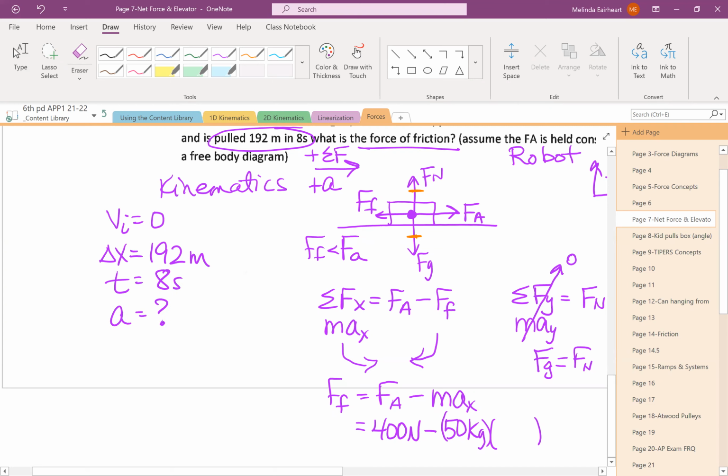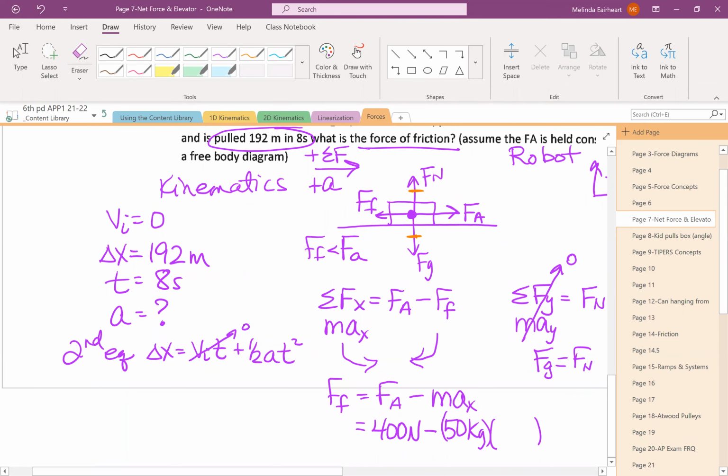Now we're doing all this to find the acceleration. You'll notice acceleration is what links kinematics to forces. That's the in-between, okay? And so looking at your equations or knowing your equations, which one are we going to use to solve for acceleration? Not the first. I don't know the final velocity. I could find it, or I use the second. And so we'll use this second equation, delta x equals VIT plus 1/2 AT squared.